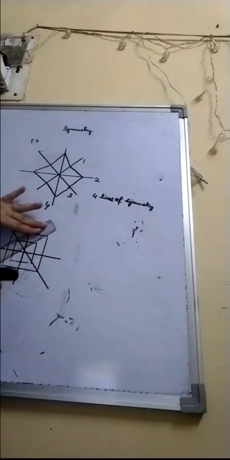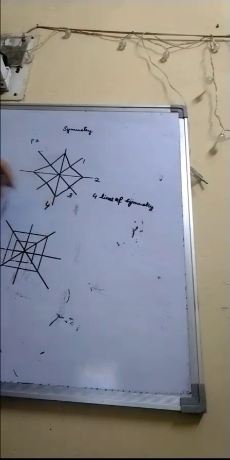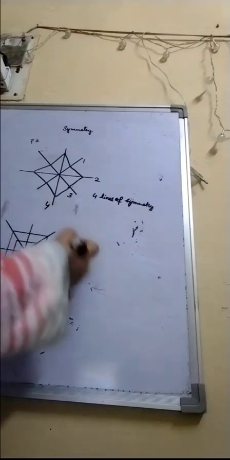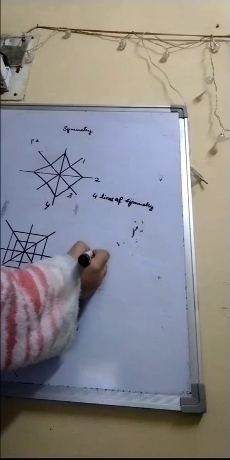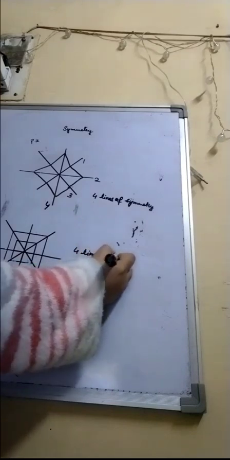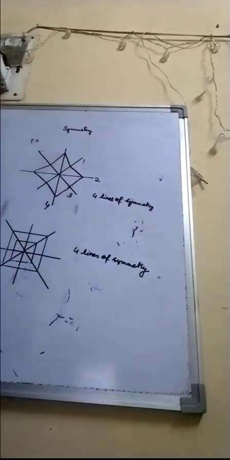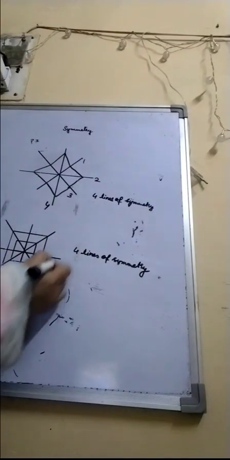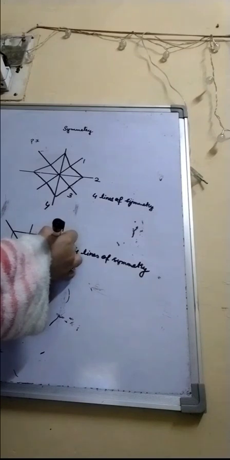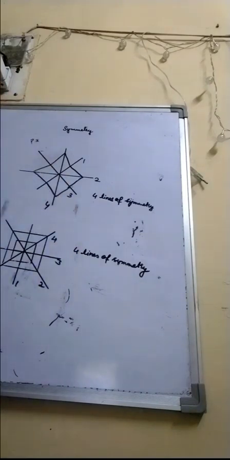And if you join the fourth part, it would be the fourth line of symmetry. So in this way you get a total of 4 lines of symmetry.